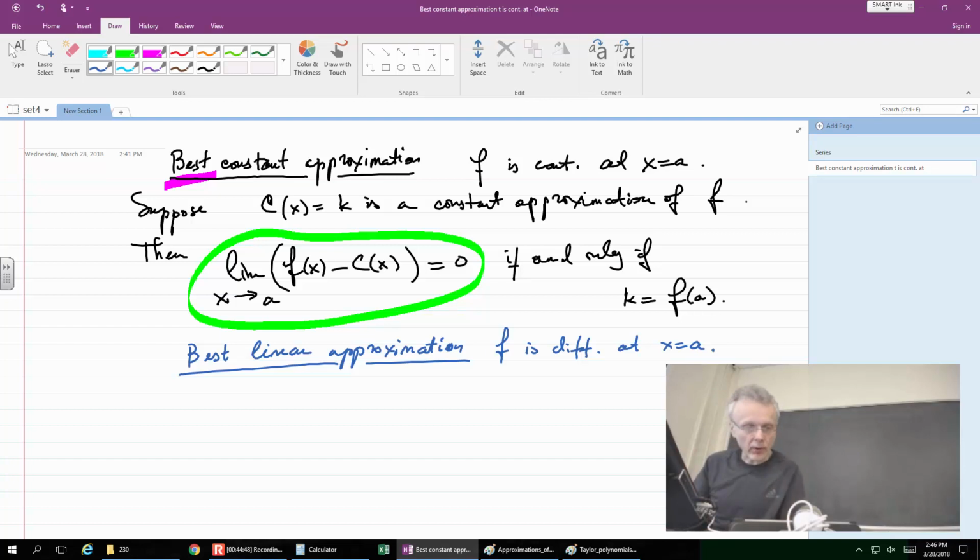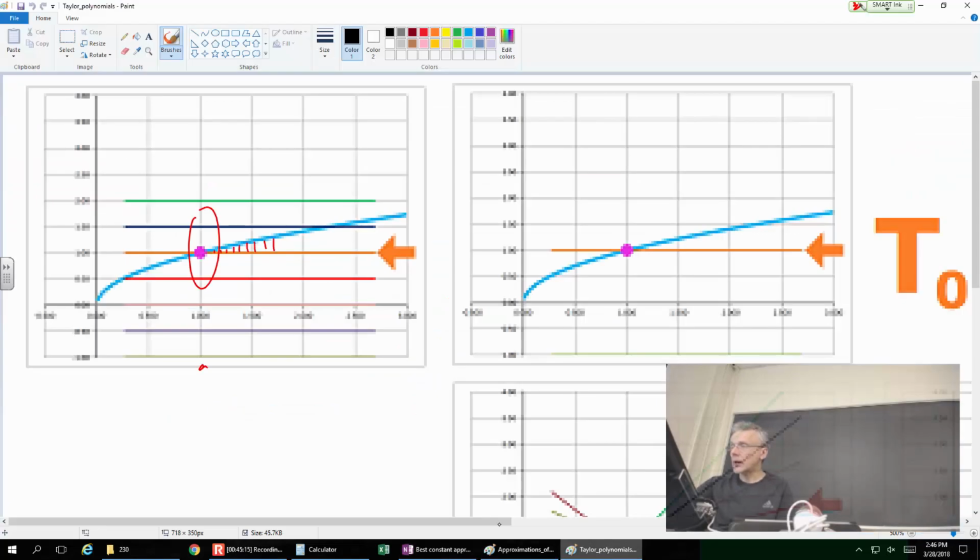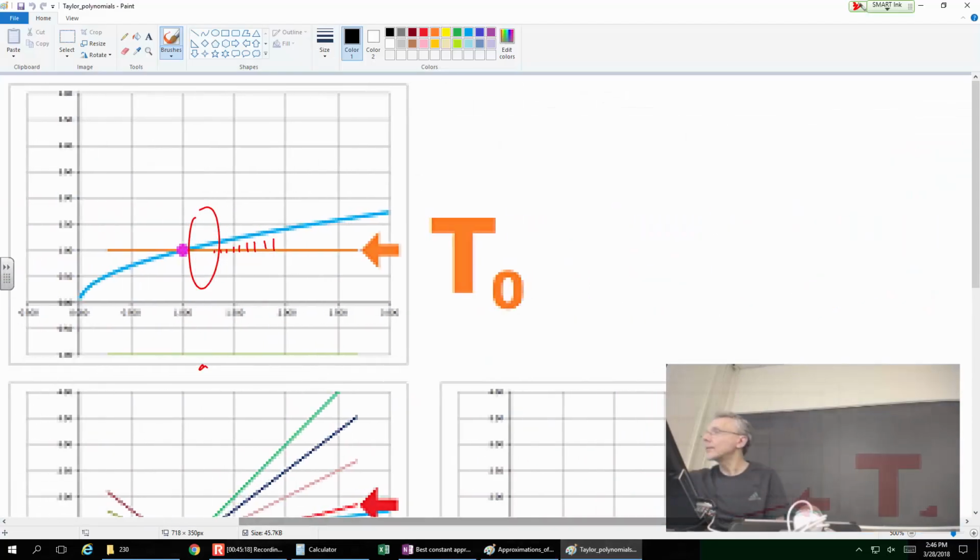Once again we continue the same way, and we suppose that we have a linear approximation, any linear approximation. So L of x is equal to f of a plus m times x minus a. What this formula tells us is that the value at a is fixed, the same, just like in this picture, the second part right here.